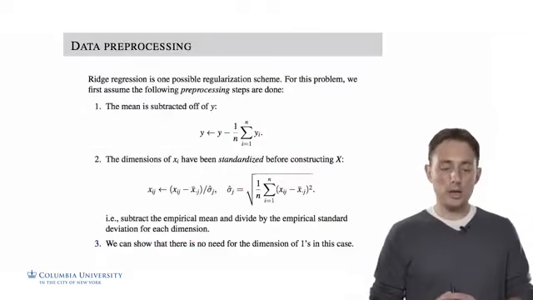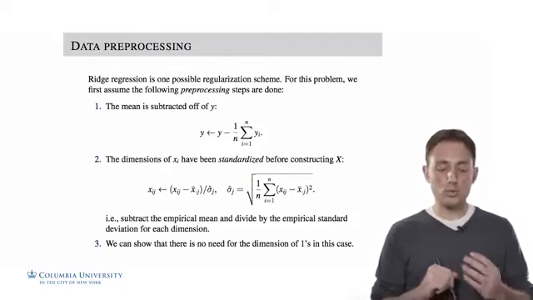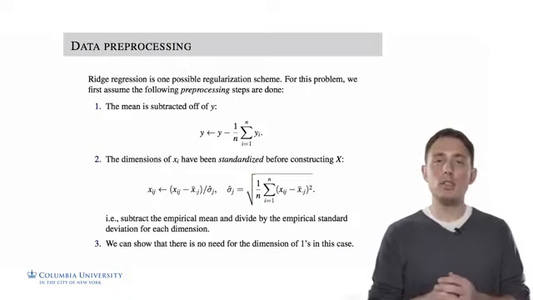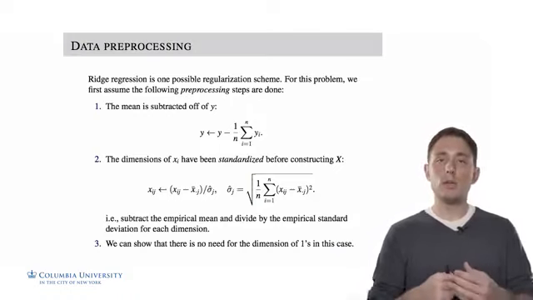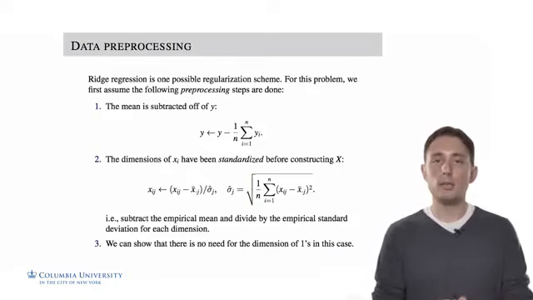I think I'll talk here quickly in one slide about some pre-processing. So ridge regression penalizes each dimension of w equally, because the penalty is equal to lambda times w transpose w. So each dimension of w is equally penalized.